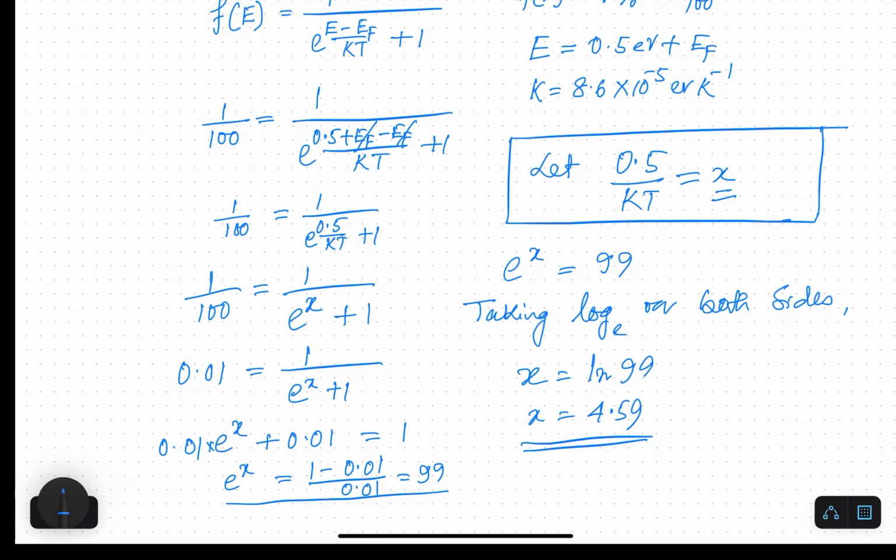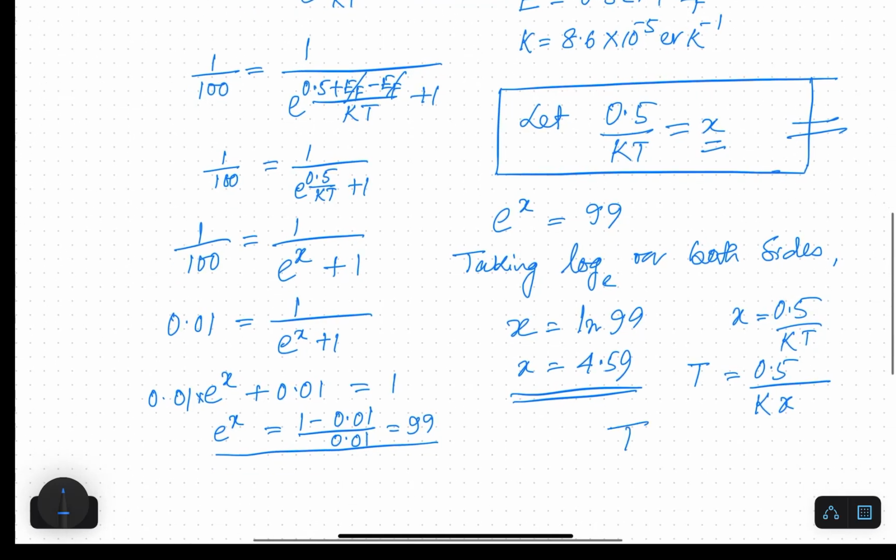Now x equals 0.5 by kT, so T equals 0.5 by k into x.